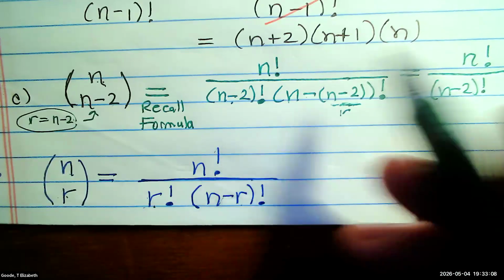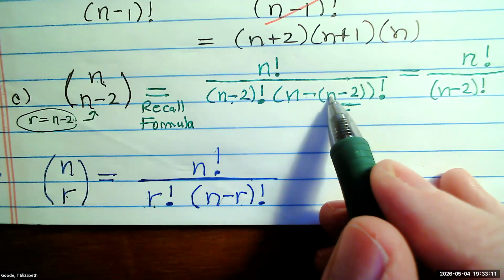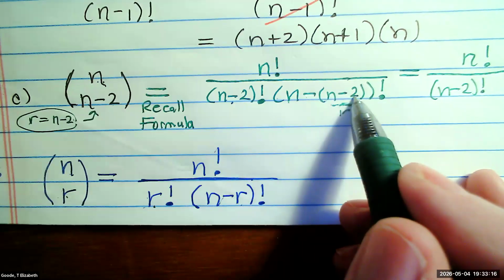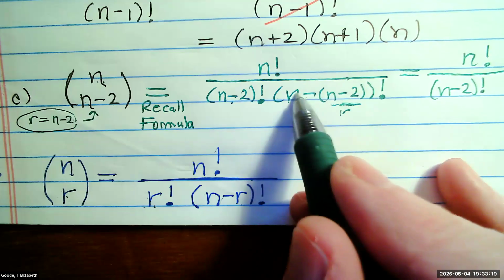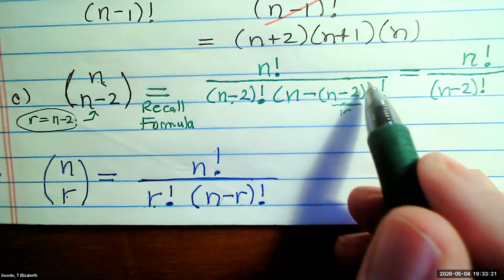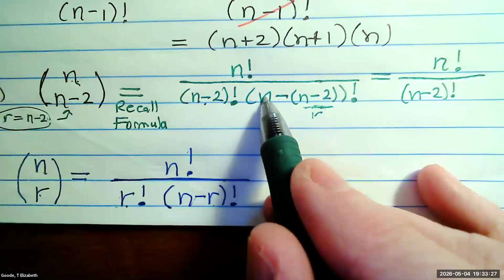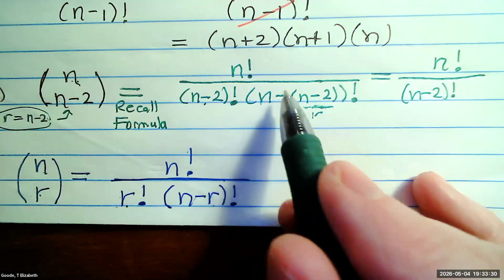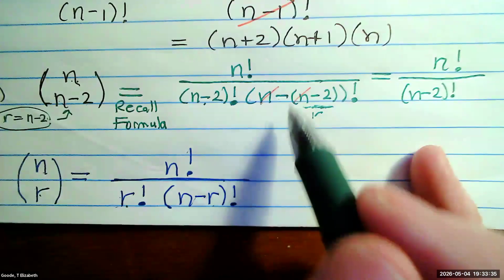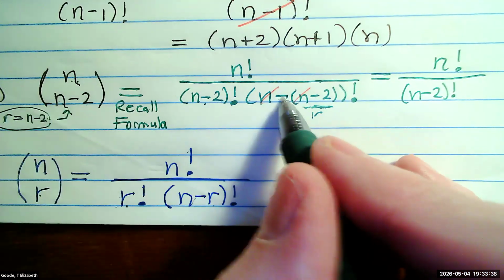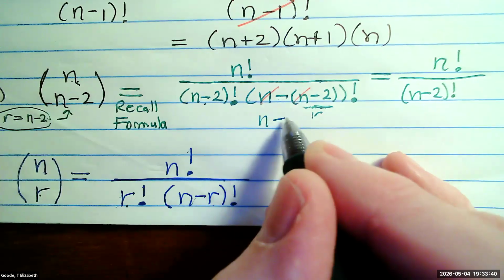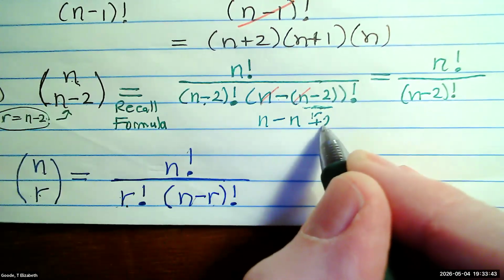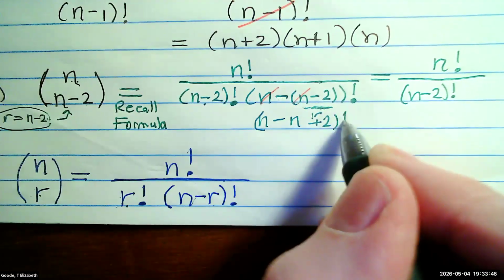Look at it, maybe: what's n minus n? 0. Good. And what's minus negative 2? See, because this minus distributes across this binomial. The n's cancel, n minus n is 0, and minus negative 2 is positive 2.